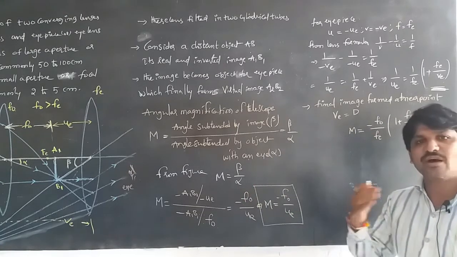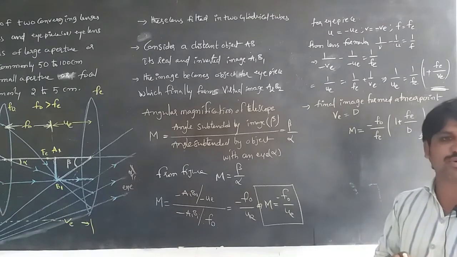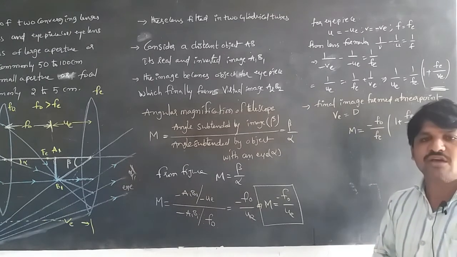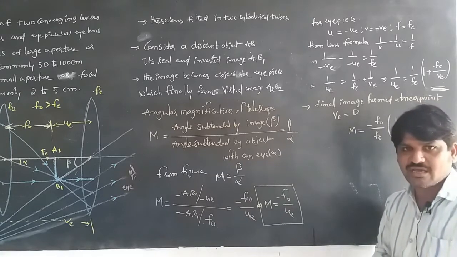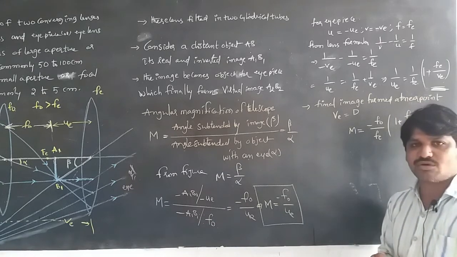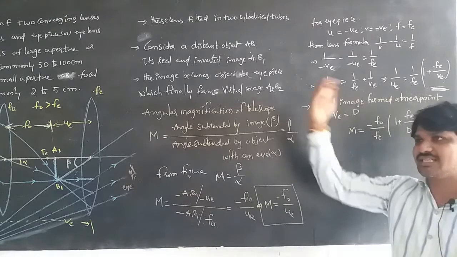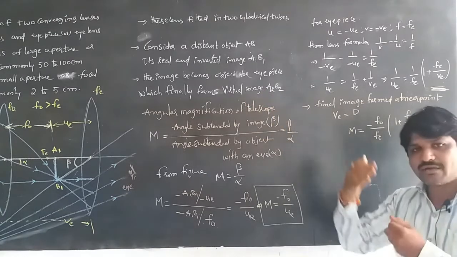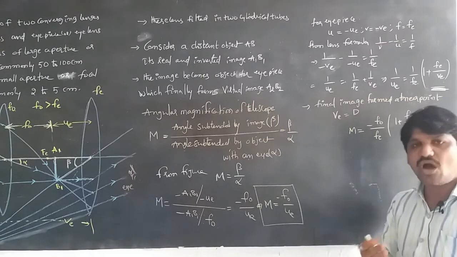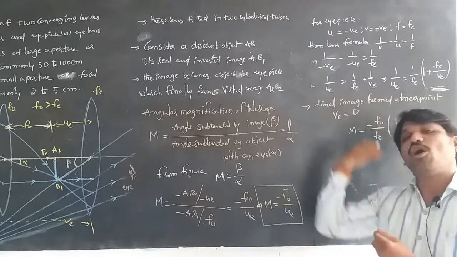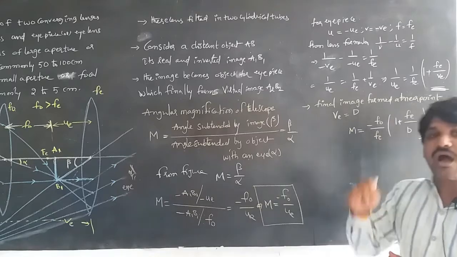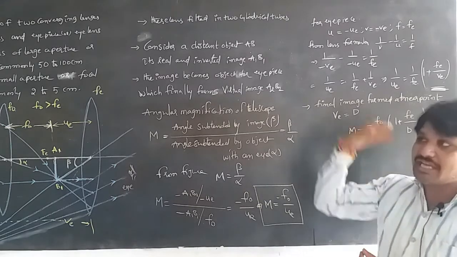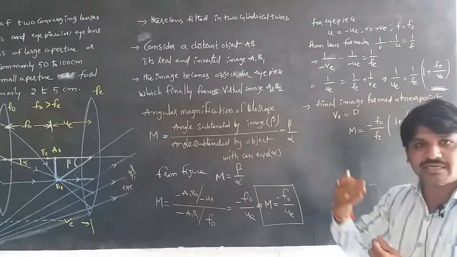Already we have discussed that in the previous formation of an image by refraction: when the object is at infinity, the image will be formed at a focus, or if the image is formed at infinity, the object is placed at focus. If the object is at infinity, the image will be formed at a focus.